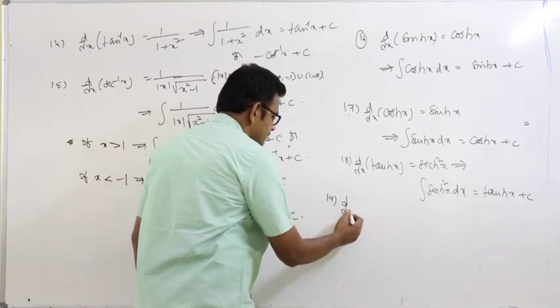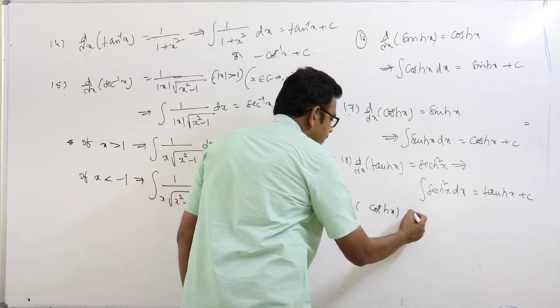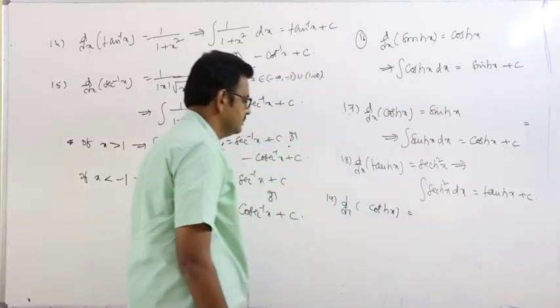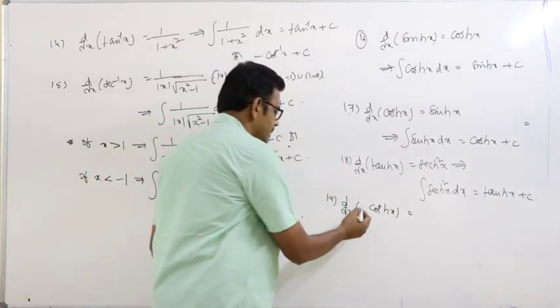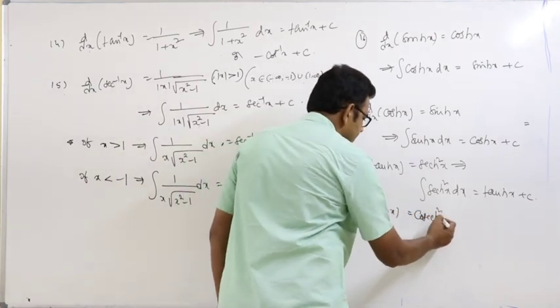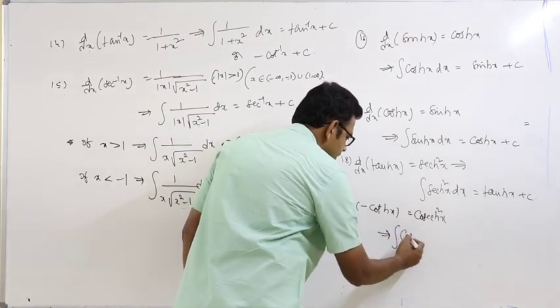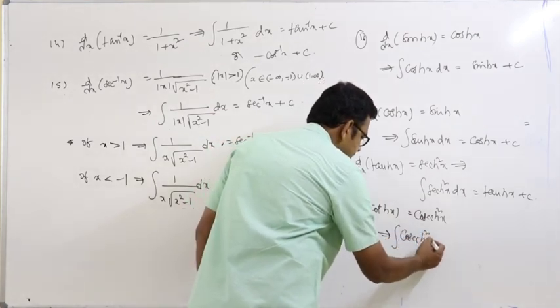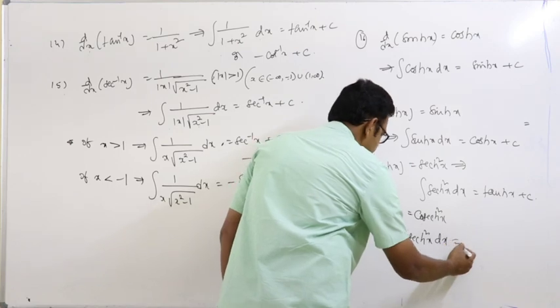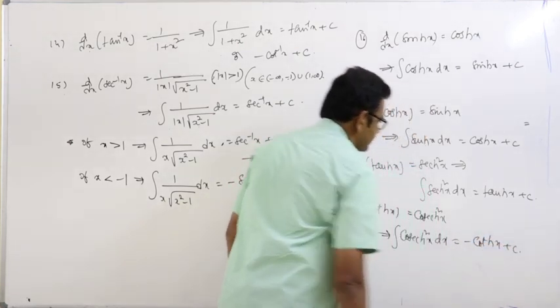Derivative of cot hx is equal to minus cosecant h square x. So derivative of minus cot hx equals cosecant h square x, which implies integral cosecant h square x dx is equal to minus cot hx plus c.